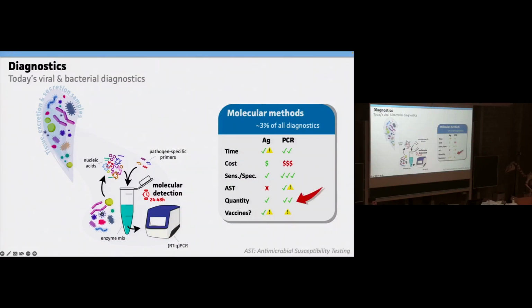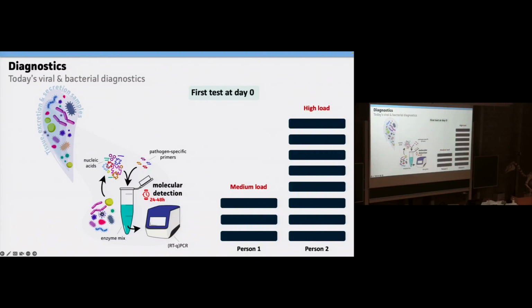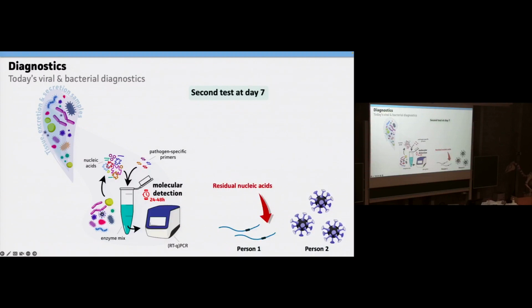Now, if we think about this quantity, let's assume there are two people infected, one with a low amount of virus, one with a high load of the virus. If we would represent this in the black boxes, we would get a person that is medium loaded and one that has a high viral load of SARS-CoV-2. If we would test the same person 7 days later, the first person might actually not have any infectious virus anymore.